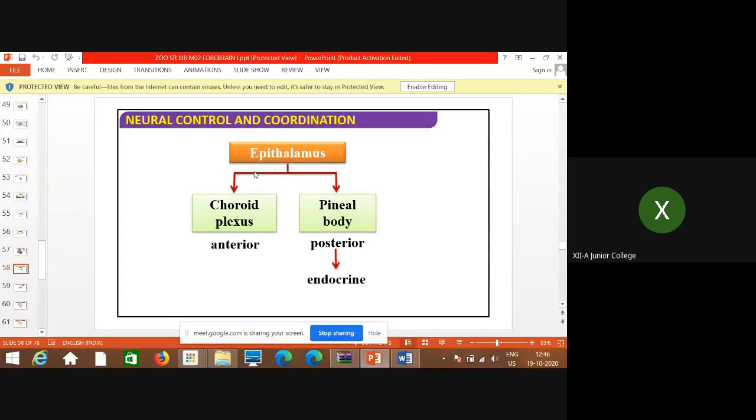So the epithalamus shows two parts: the anterior part as choroid plexus and the posterior part as pineal body, a part of the endocrine system.